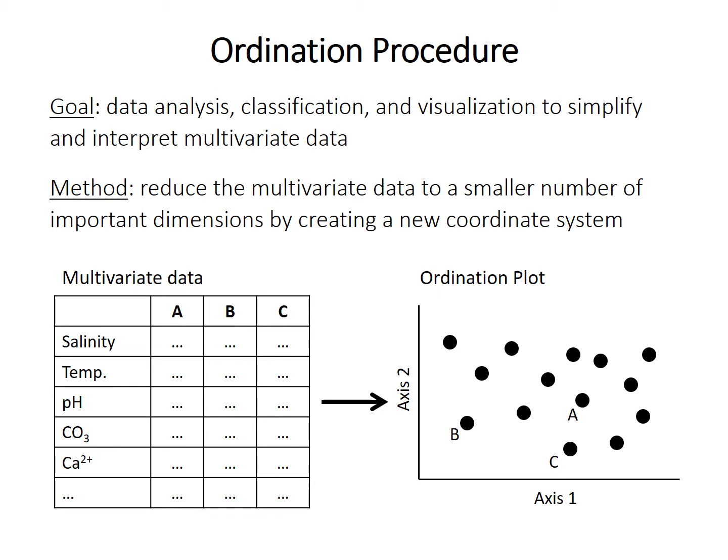This allows us to focus on a reduced number of important dimensions. And those dimensions are synthetic variables, and they represent linear combinations of the original variables. So in this example here, axis 1 corresponds largely to changes in pH and bicarbonate. I'll explain what these arrows mean towards the end.